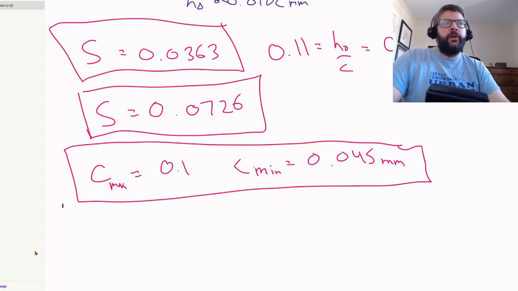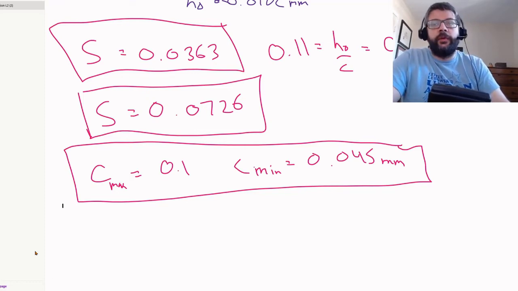If you didn't want to change the clearances, you could also adjust some other parameters. So you could, for example, use a different viscosity of oil.